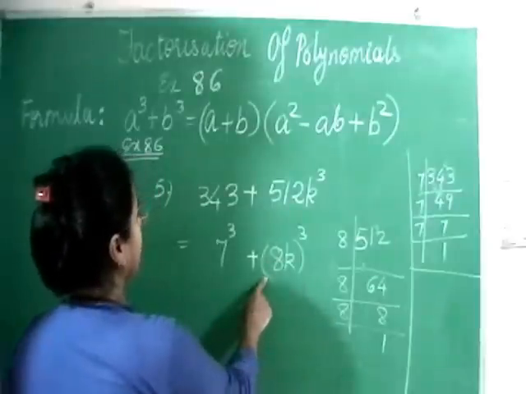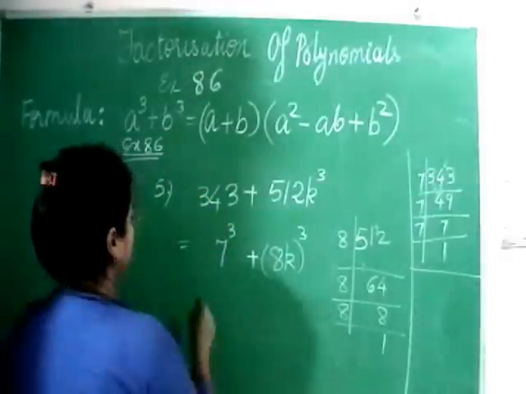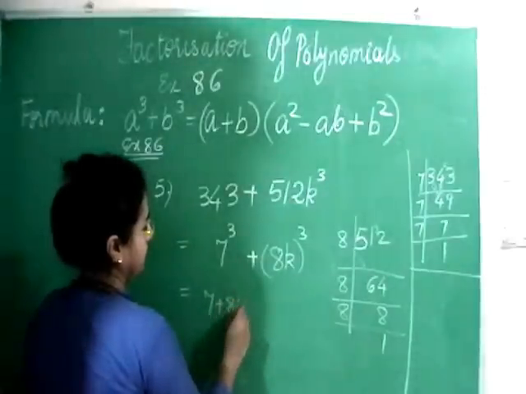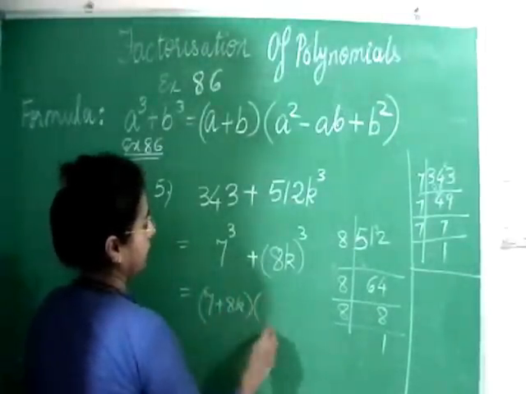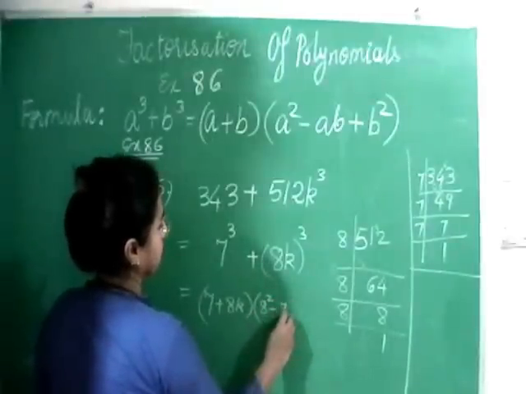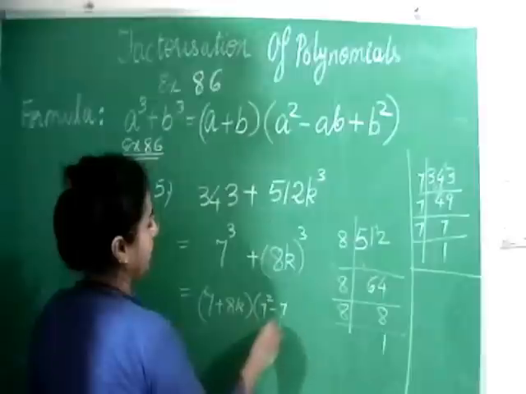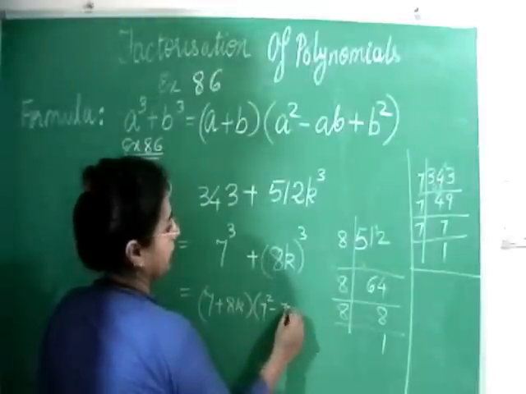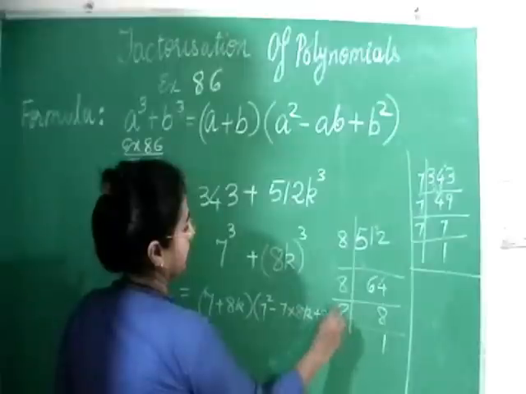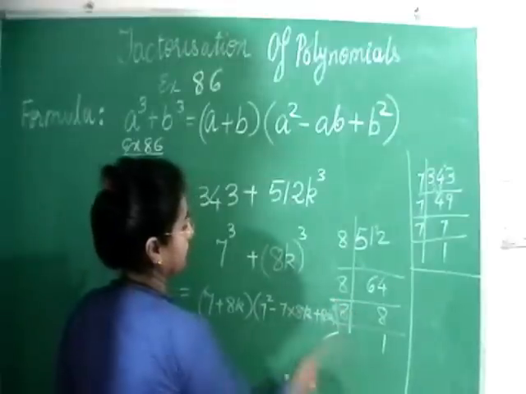Now this is exactly like the formula over here. So again I apply the same thing. 7 plus 8k and the new bracket: 7 square minus 7 into 8k plus 8k the whole square.